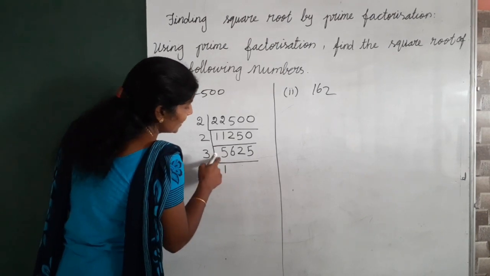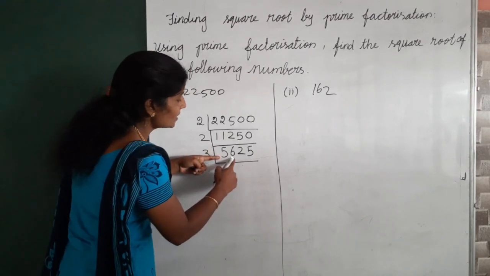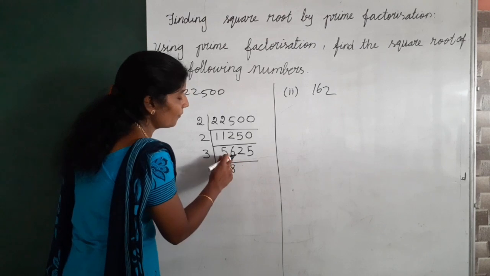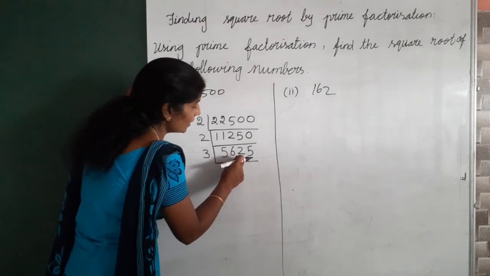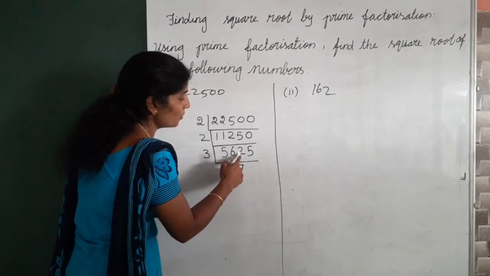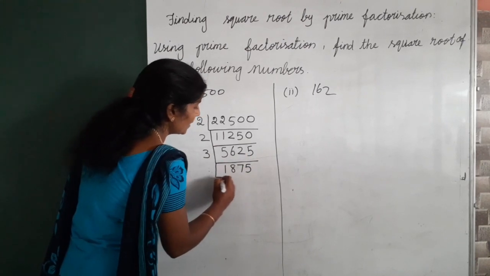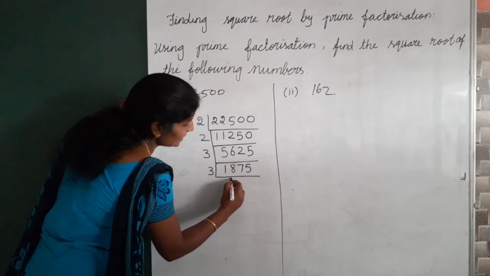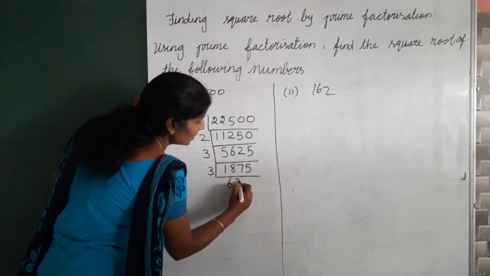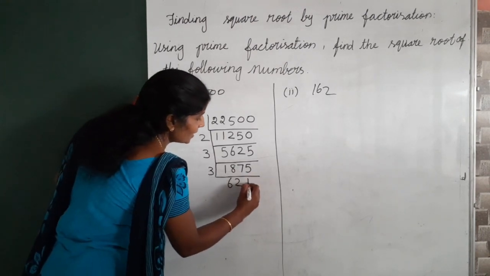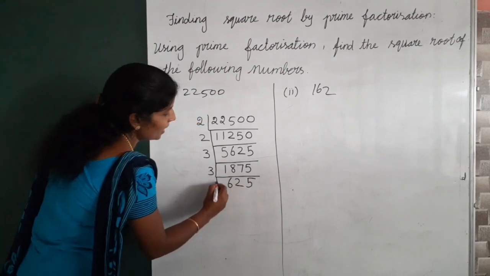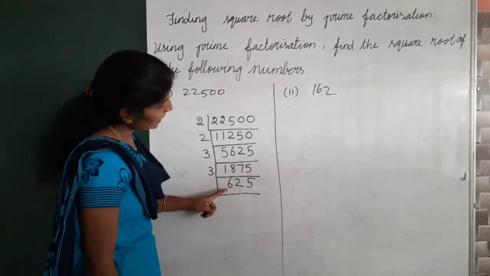1 3 is 3, 2 balance 26, 8 3s are 24, again 2 balance 22, 7 3s are 21, 1 balance 15, 5 3s are 15. Then 3 table again: 6 3s are 18, 2 3s are 6, 5 3s are 15. Now 2 3s are 6.